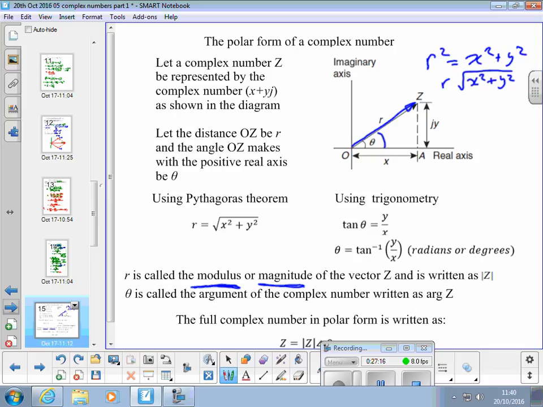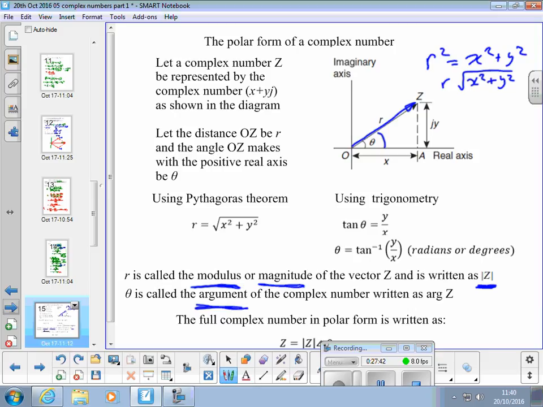When we want to write just about the magnitude, if we've got a vector z, we write the magnitude of it as z between two horizontal lines like that. That means the magnitude ignoring the angle. That's the length of that line. Theta, in this case, is called the argument by the mathematicians.